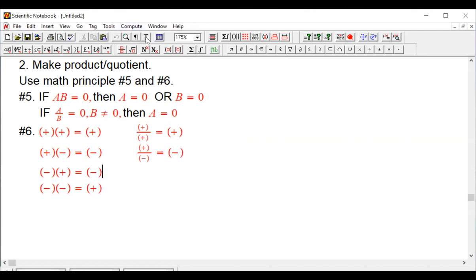Negative divided by positive is going to be negative. And last but not least, negative divided by negative is positive.